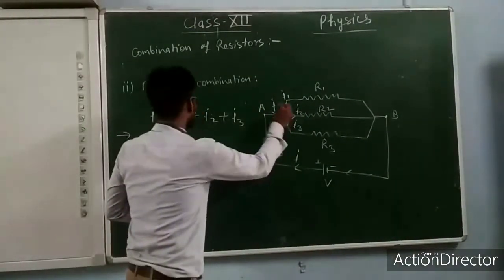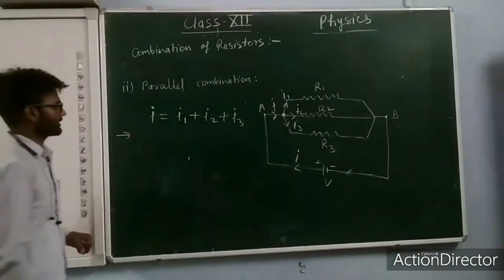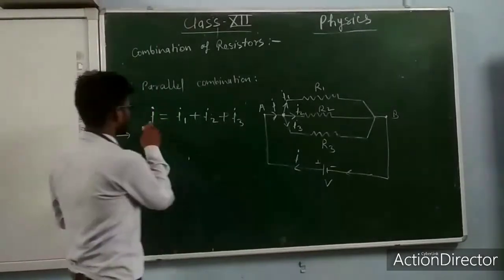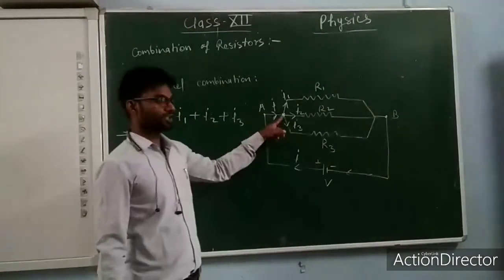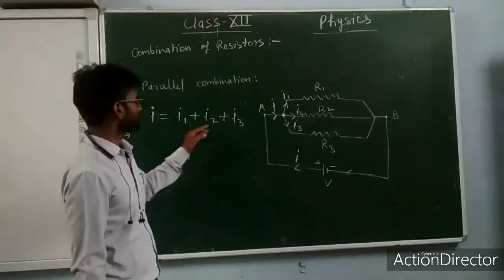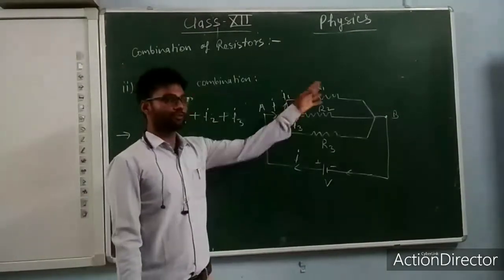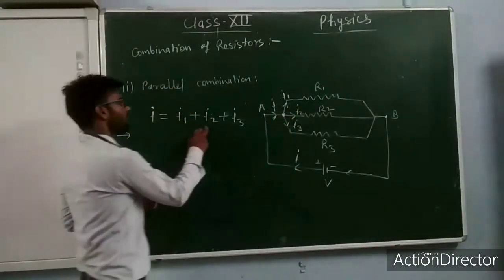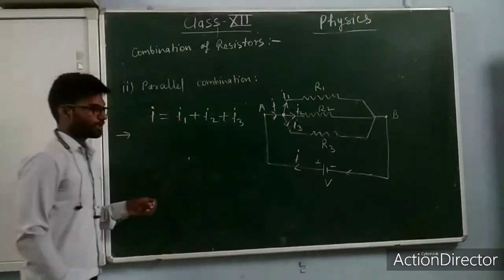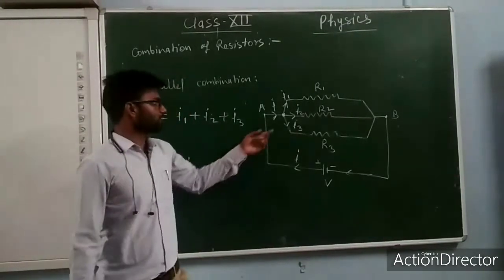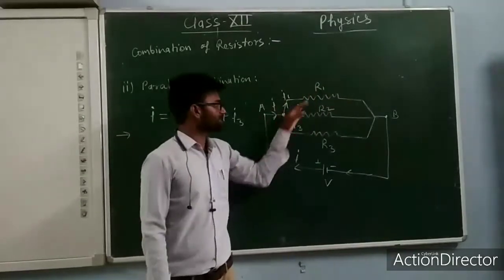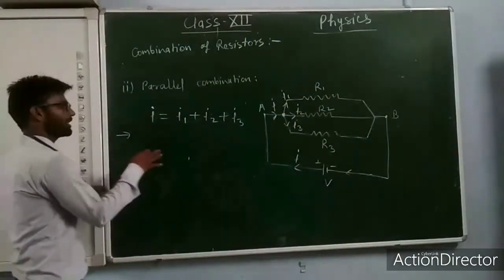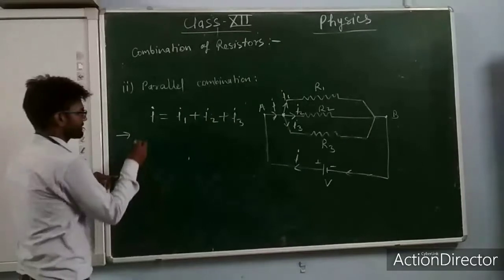At this particular point I am applying the conservation of charge. According to conservation of charge, the current coming to this particular point will be equal to the current moving away from this point. So I equal to I1 plus I2 plus I3. Now we can apply the Ohm's law for each and individual resistor, right? So I am applying Ohm's law for resistor first.